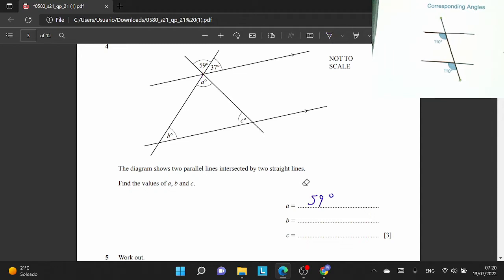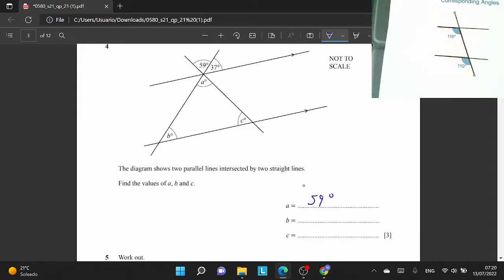Then question B. Yes, here we've got corresponding angles. If you look here, there's the upside down F shape. So it means 37 and angle B is the same. Straightforward, 37 degrees. Question C then, we can do angles in a triangle as follows.